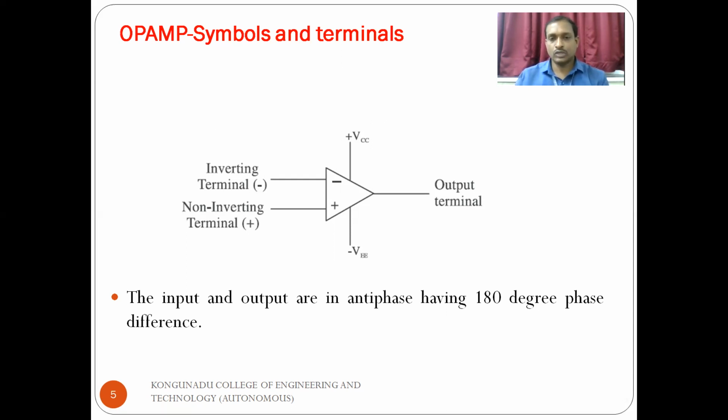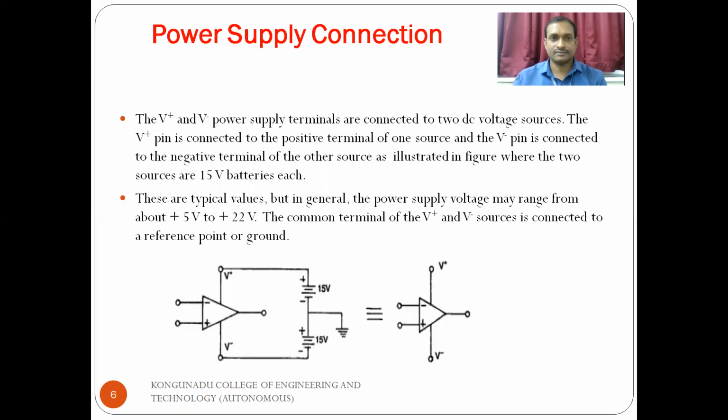The inverting input goes to the negative sign of the terminal, the non-inverting input to the positive sign. At the 6th pin we get the output. The input and output are in antiphase, having a 180-degree phase difference.